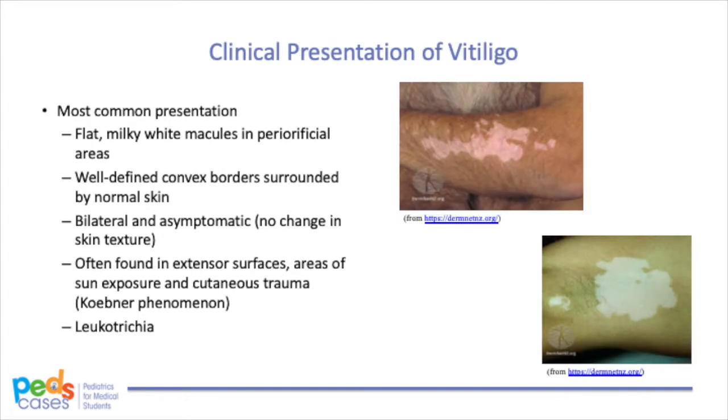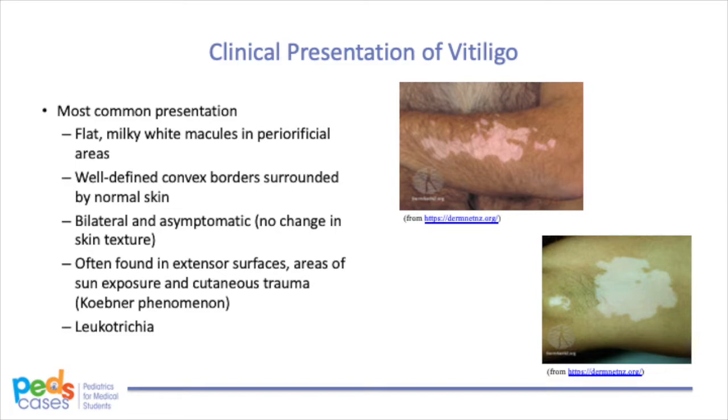Vitiligo is a heterogeneous condition that can have variable presentations. The most common initial presentation is flat, white macules and patches in periorificial areas, including the mouth, eyes, nostrils, umbilicus, and genital area. The macules and patches appear milky white, with well-defined convex borders surrounded by normal skin.